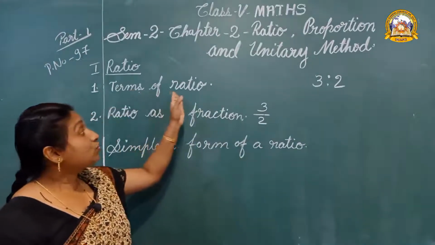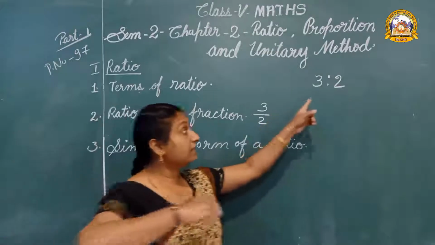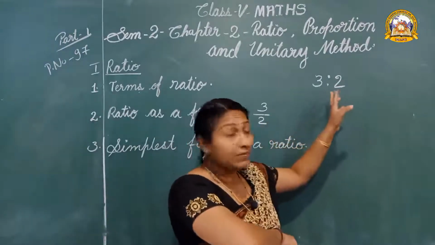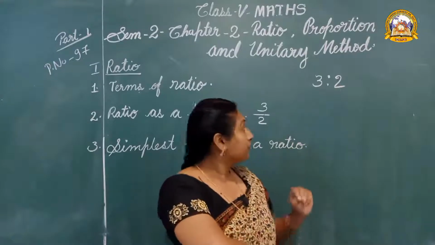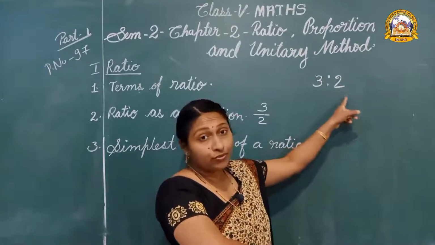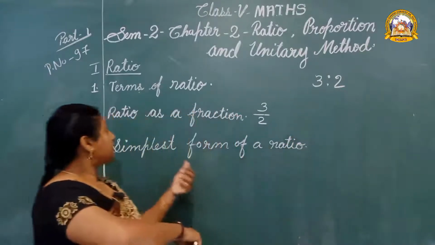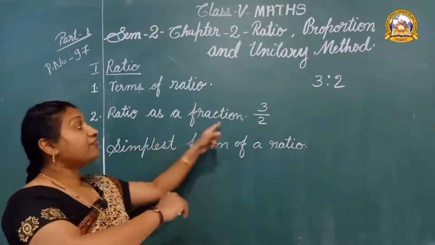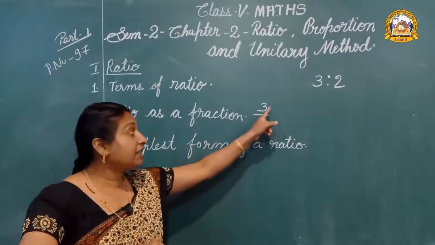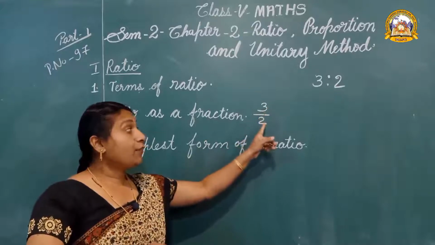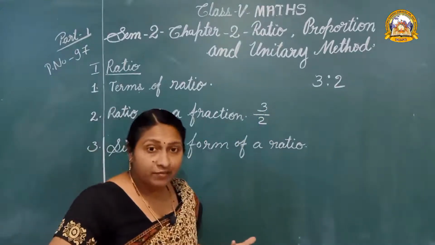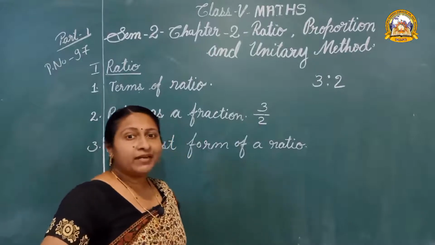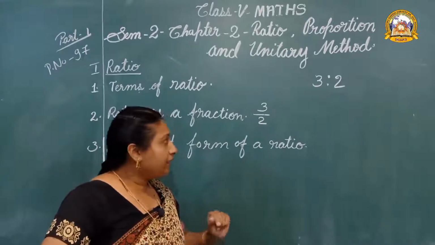First, terms of ratio. Here in this example, how many terms are there? First and second. There are two terms. Okay, 3 is to 2. When we write this ratio as a fraction, how can we write that? 3 upon 2. All of you know that fraction means there will be a numerator and a denominator.